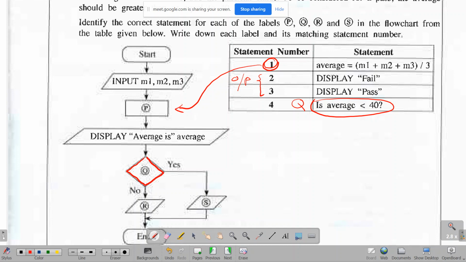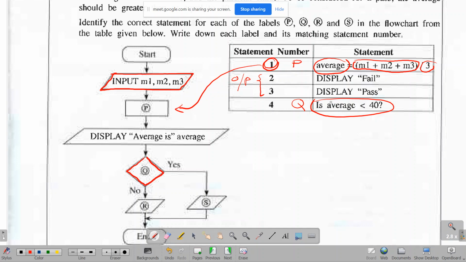So they have taken the numbers M1, M2, M3 over here. It's obvious to add these 3 numbers together and divide it by 3 to calculate the average, so 1 goes with B. We have to figure out what is 2 and 3.